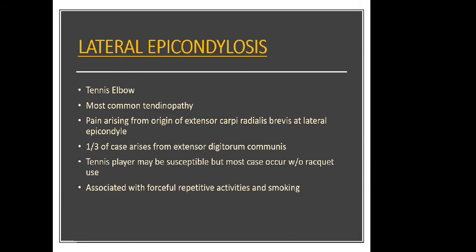And then on examination, you check for any swelling or any redness around the elbow. Check for local tenderness, point tenderness, whether it's at the lateral epicondyle or medial epicondyle or anterior elbow. And then do a provocative test, and also rule out differential diagnoses like ulnar neuritis. Check also for any crepitus or bony crepitus at the elbow.